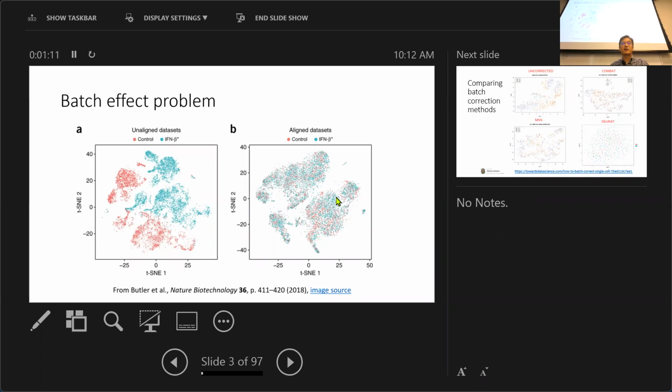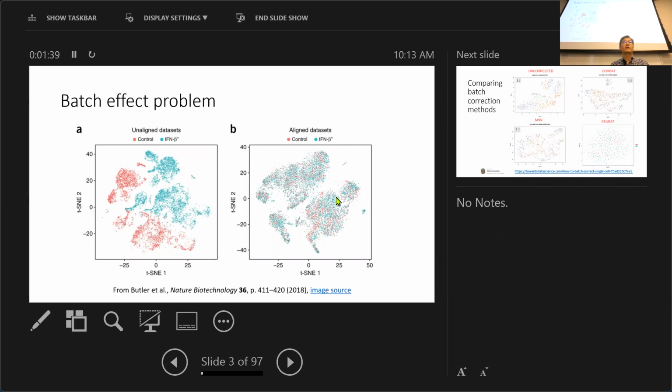So they make the correction and align the data sets, so that all the cells superimpose onto each other. I believe in this process they changed the expression levels of all the cells to make them match towards the same aligned profile somehow.